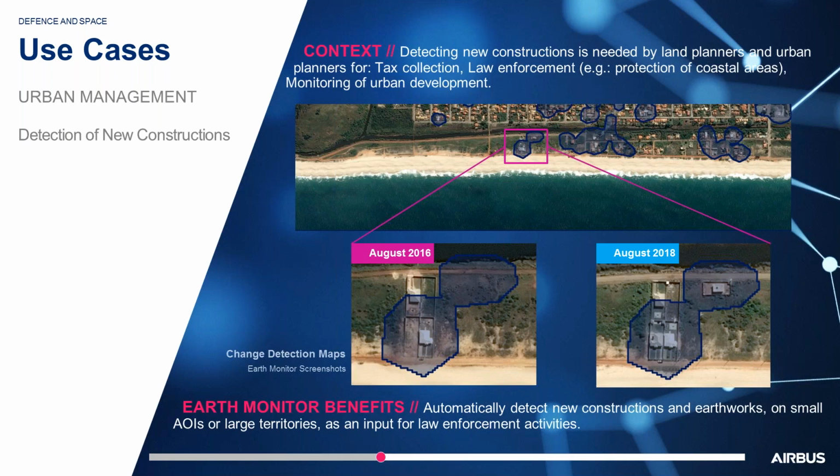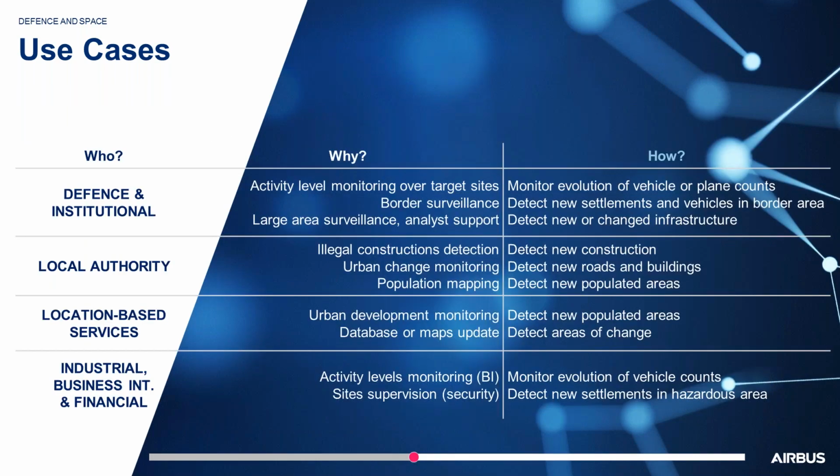To explore other use cases, if we look at several customer segments, for example, for defense and institutional, Earth Monitor is very interesting to monitor activity level over a target site, or activate a border surveillance, or again to monitor large areas or provide analyst support.